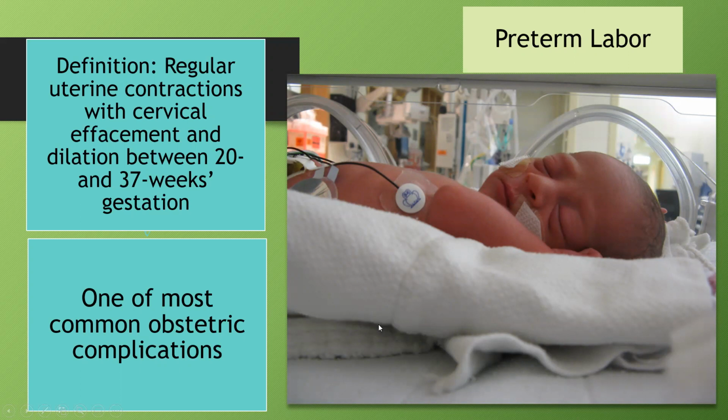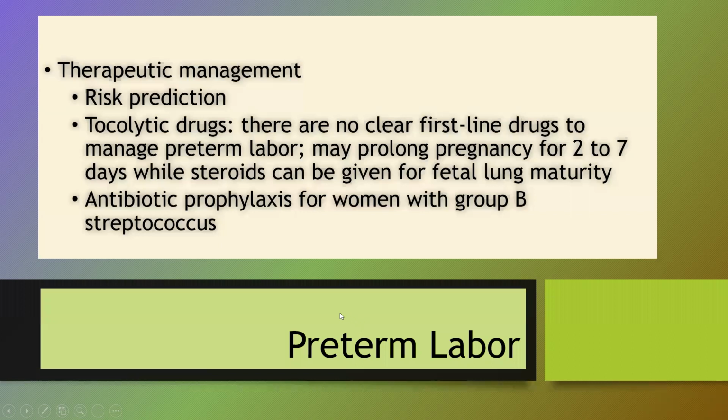We do know that infection plays a part sometimes in preterm labor and some other specific disease processes. It's not completely understood, but our therapeutic management is trying to predict who's going to have preterm labor, again, if you have a history of it. There are no clear first-line drugs. Tocolytics are to stop uterine contractions.